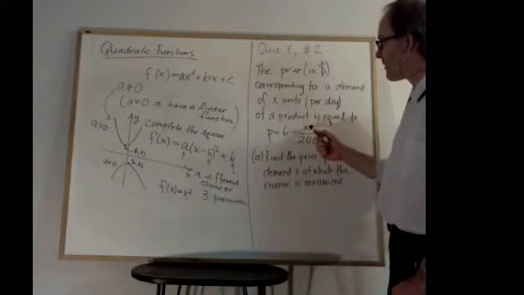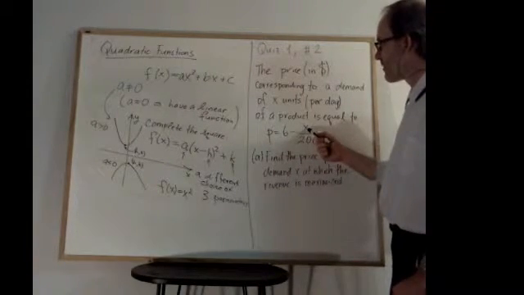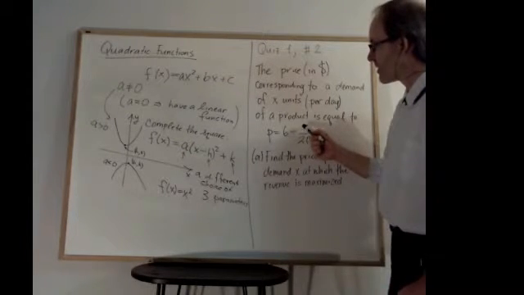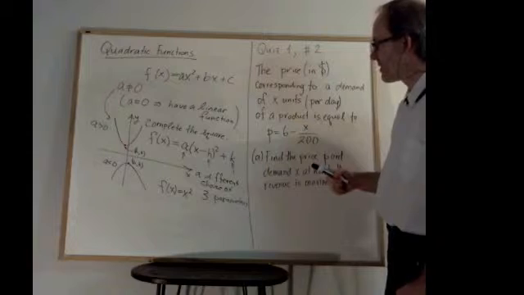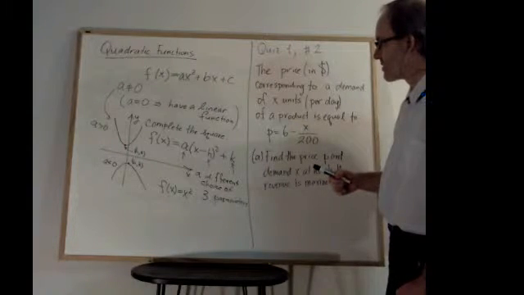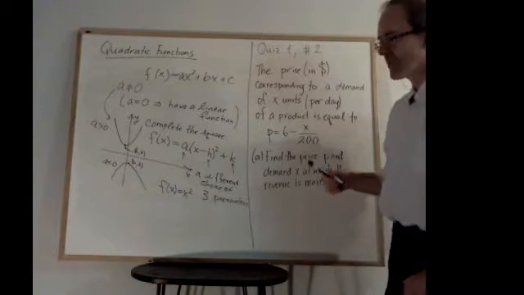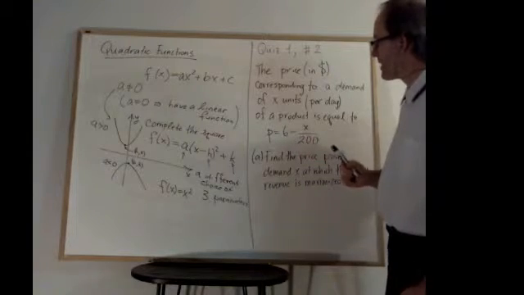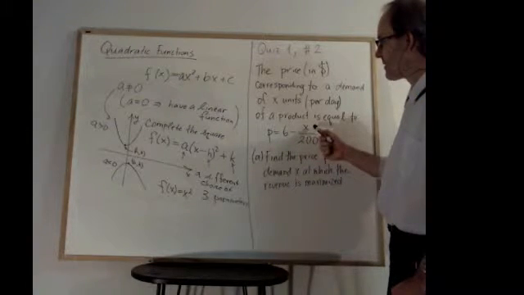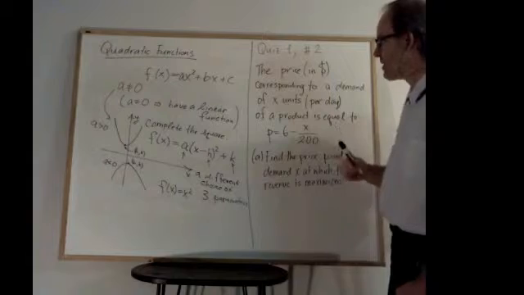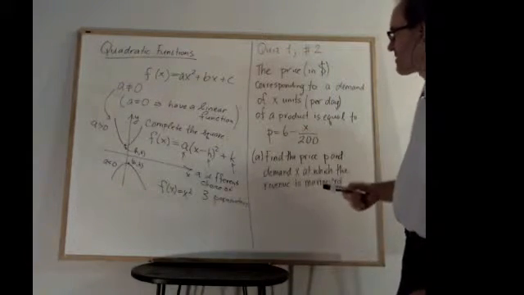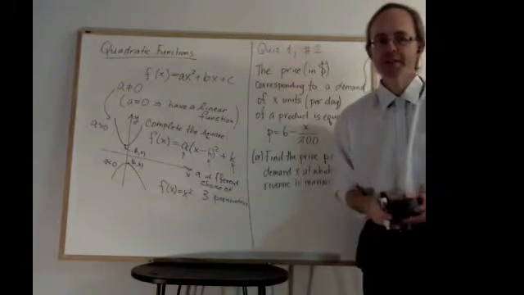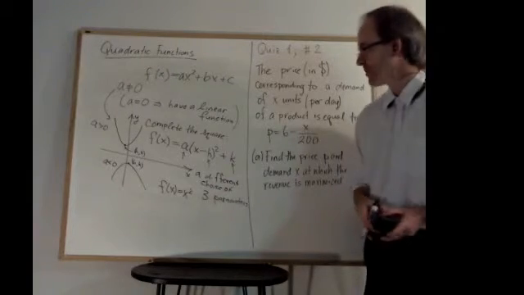There we're thinking of price as a function of demand, but you could also solve for x in terms of P, right? That's finding the inverse function actually, and that will give you x as a function of P, or demand as a function of price. So sometimes people will look at the price and that will determine whether they buy it or not.